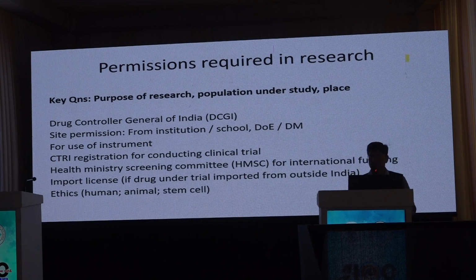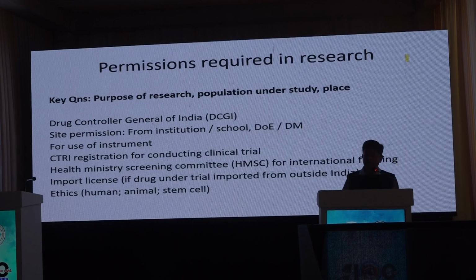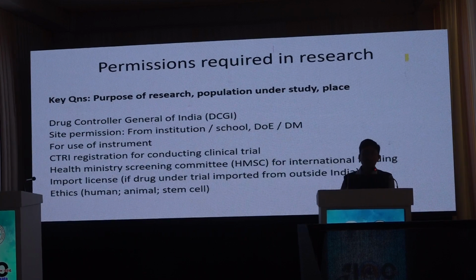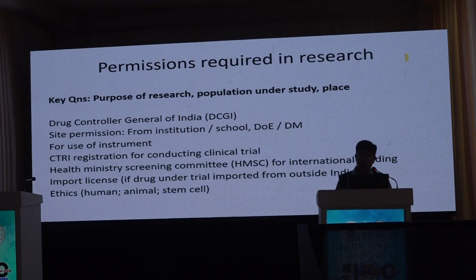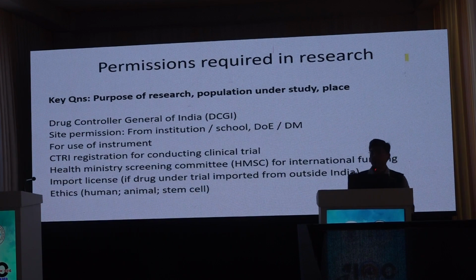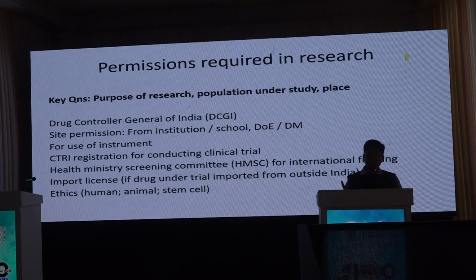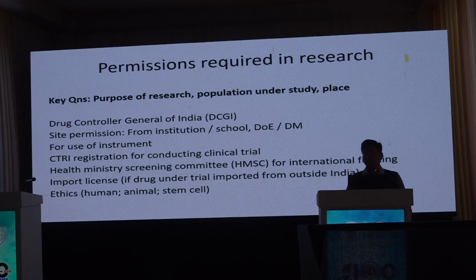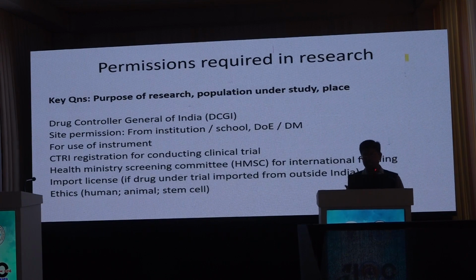So the first one is the Drug Controller General of India. The DCGI is the ombudsman for any drugs and devices that are going to be researched or marketed by any entity in the country. That would include individuals, pharma companies, and any startup that is designing a new device, whether diagnostic, interventional, or for any therapeutic purpose.